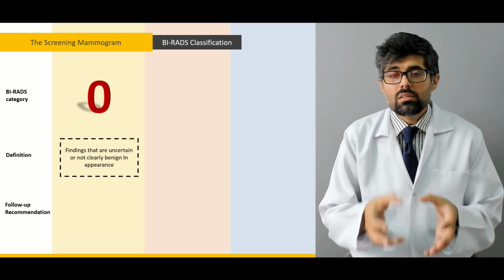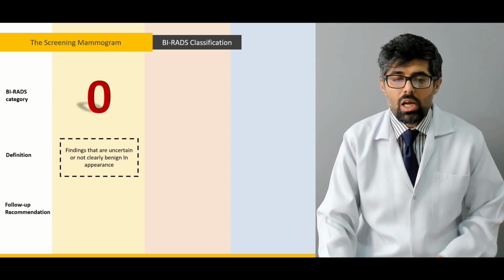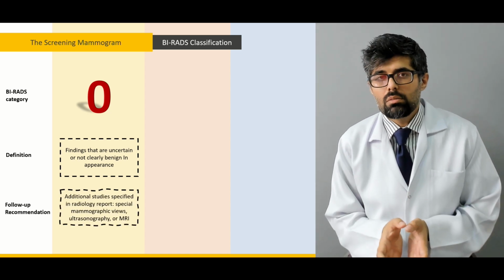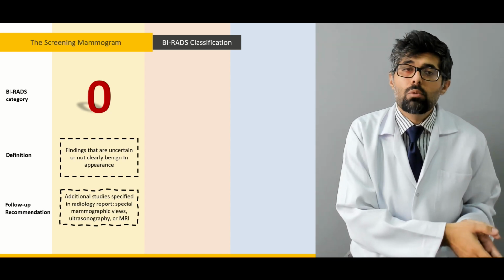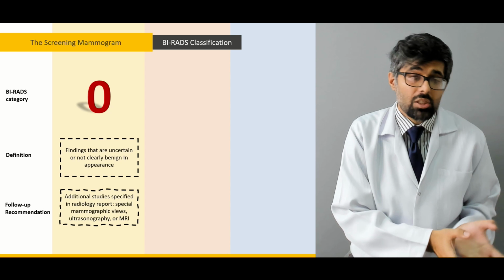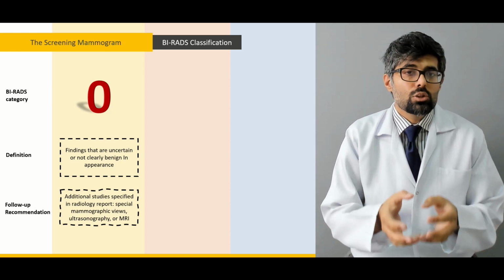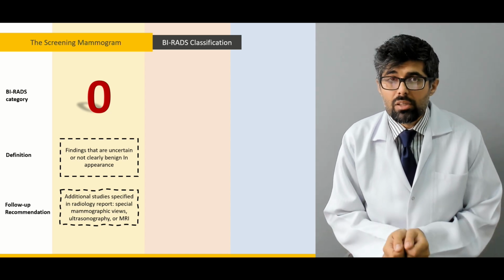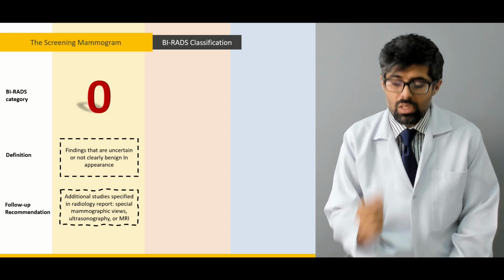These kinds of findings are termed class 0, and for these further studies must always be done. A biopsy is ideal, but a diagnostic mammogram, an MRI, or a contrast enhanced MRI can also be done. So further investigations are always warranted when the BI-RADS classification designates a mammogram class 0.